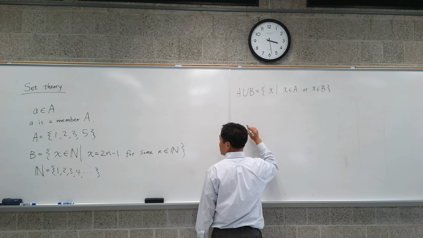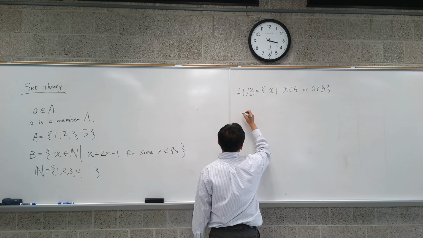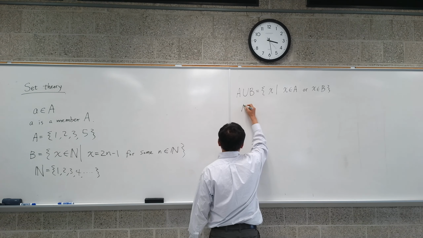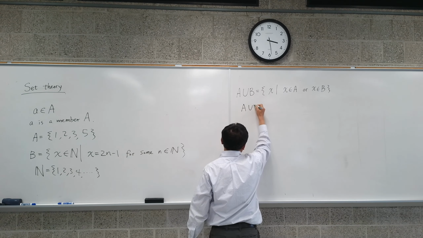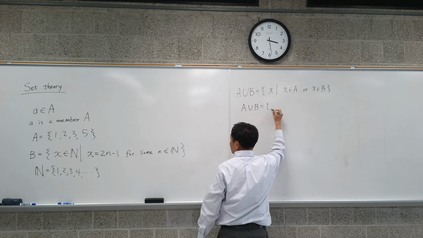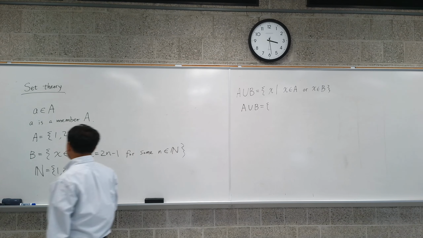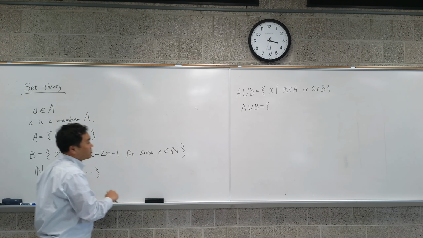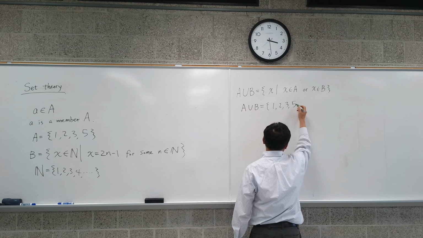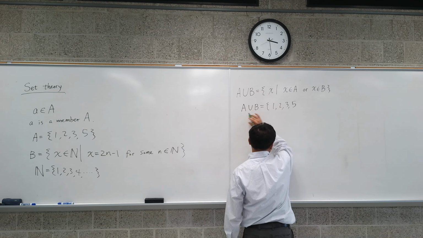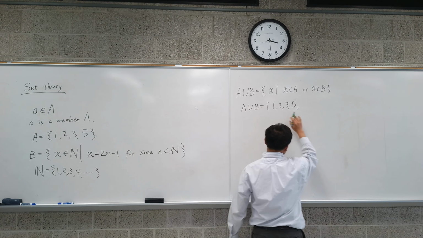So for example, if we have A and B as these things, then what's A union B? Well, it's 1, 2, 3, 5, because these belong to A, but B has all the odd numbers, right?